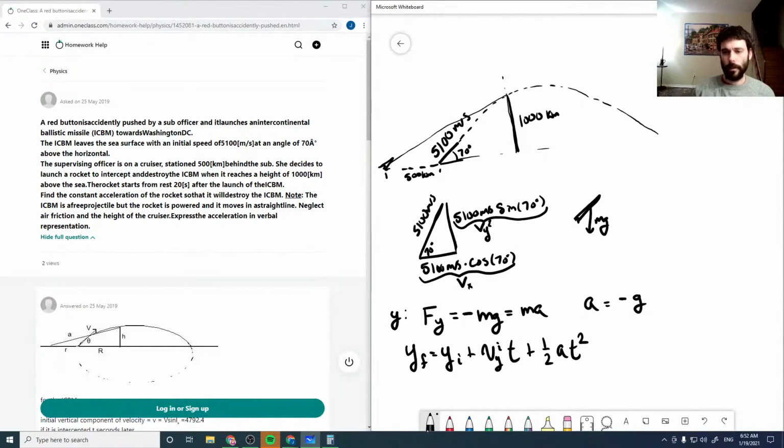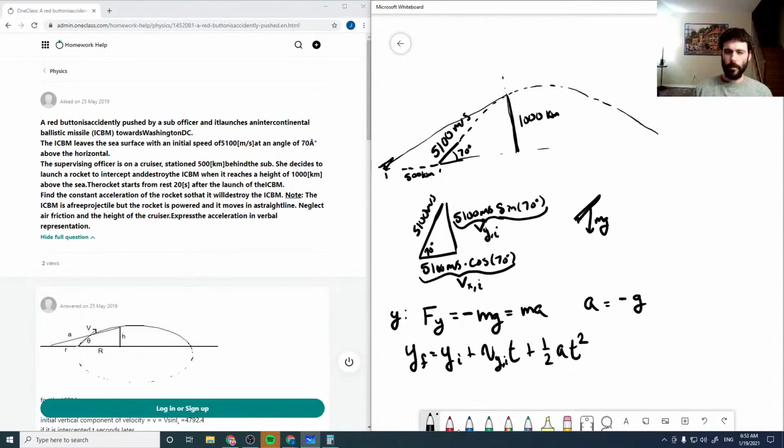I'll put a little i on these, maybe a 2, just for the sake of not having it be too confusing. I'll use this notation instead, like that. All right, so there's my Vyi.